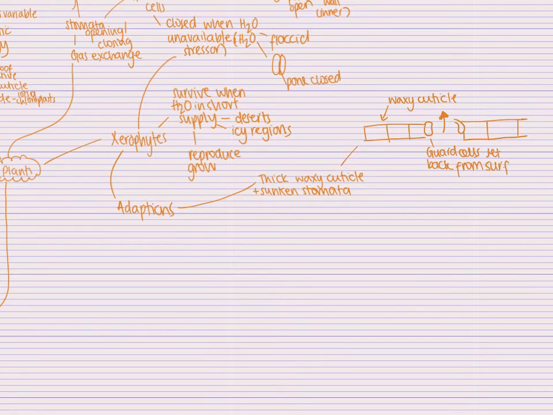And what this means is that if I draw a little purple arrow, if air rushes across the surface of the leaf or the underside of the leaf, it's not going to disturb the air in the guard cell or around the stomata. So we can say there that we're developing a microclimate, where that big purple squiggle is, of humid air.